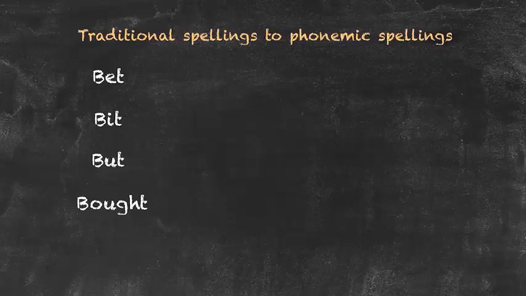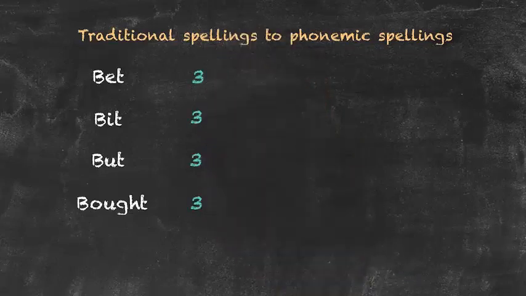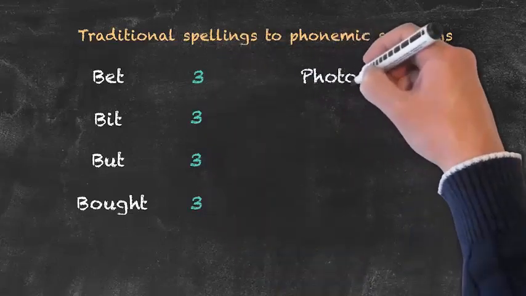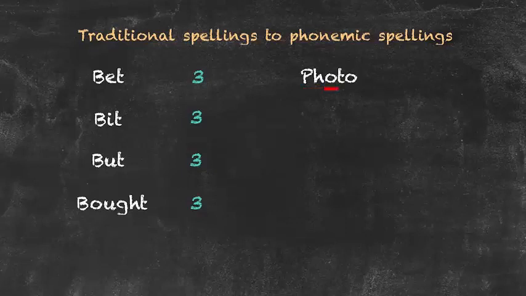The only difference in each one of these words is in the vowel sound. Each word simply uses three sounds. Now we have photo. F, o, t, o. That's four phonemes.